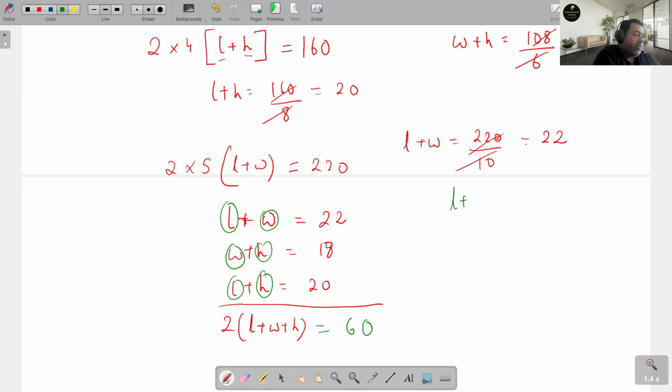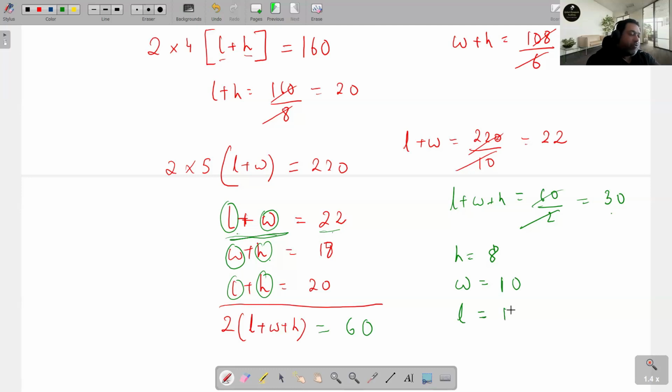Therefore, L plus W plus H will be 60 divided by 2, which is 30. From here, we can find out the H: 30 minus 22, because L plus W is 22, so H is 8. Similarly, W plus H is 18, therefore W will be 10. And L plus W is 22, therefore L will be 12.